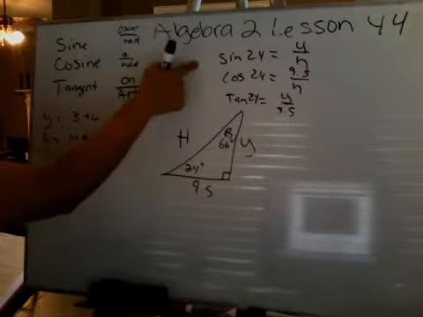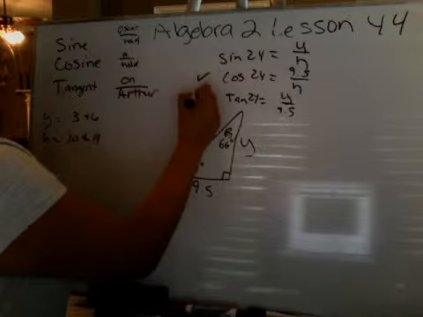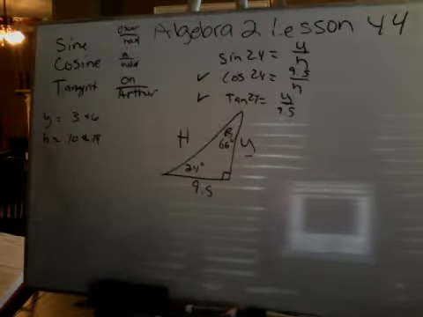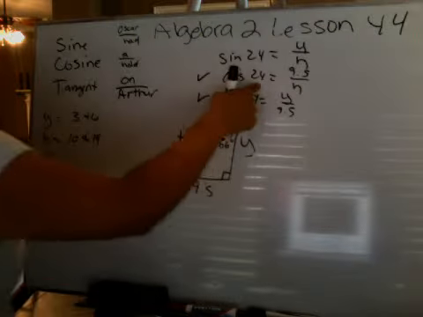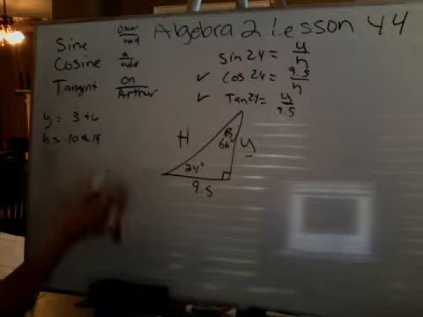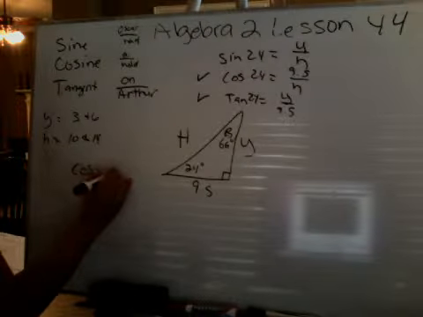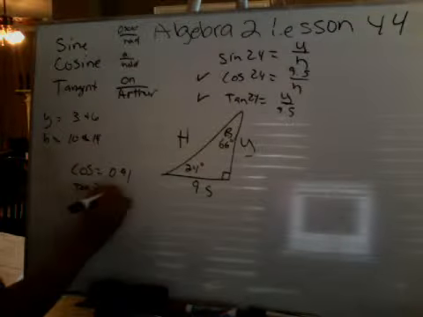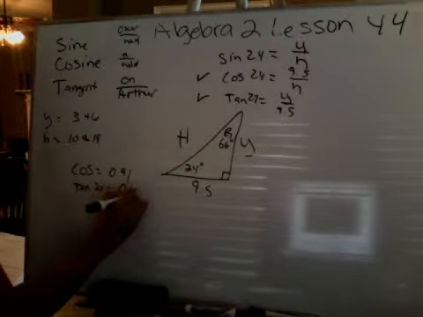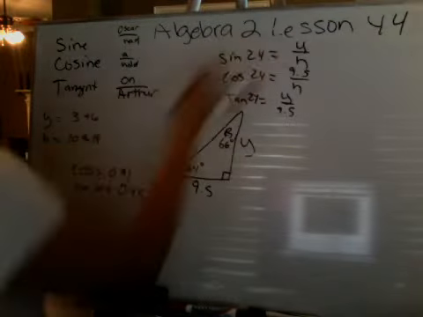Here we have 2 unknowns, so it doesn't help us, but we have 1 unknown here and 1 unknown here. Now we can simply go to our calculator. Cosine of 24 degrees is going to be 0.91. And tangent of 24 degrees is going to be 0.45. We don't need sine because we can't use that one.